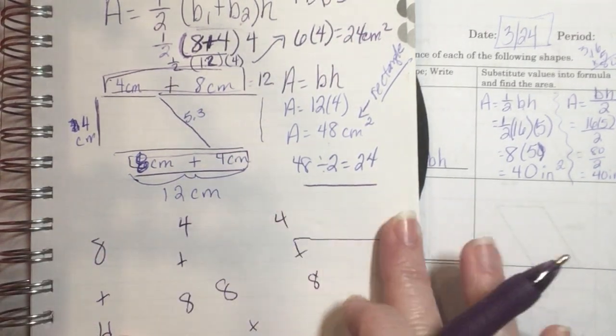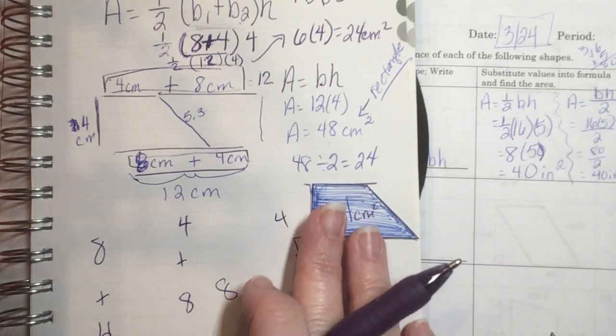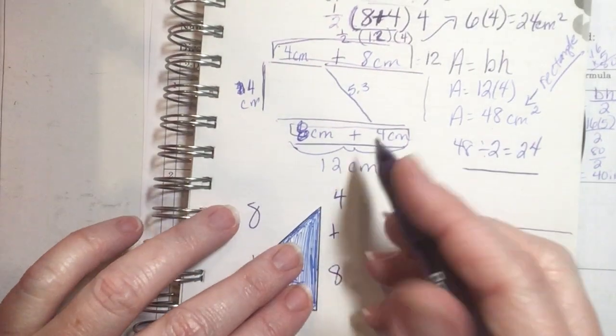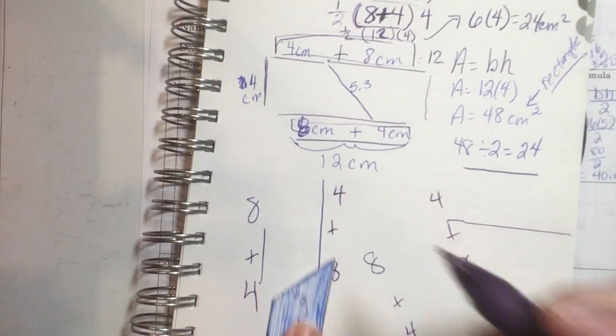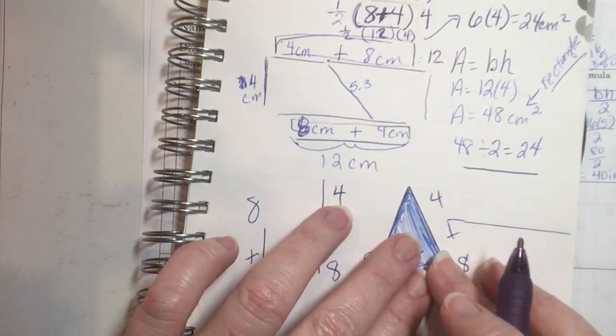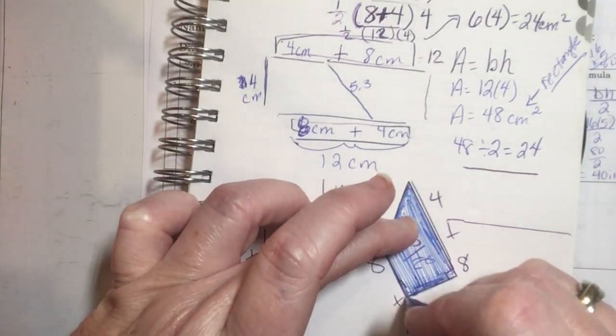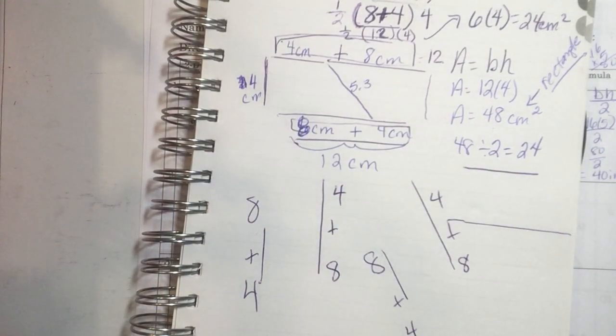So if I had the trapezoid this way, or this way, those lines would be parallel. Okay? So the bases of the trapezoid have to be the parallel sides. Doesn't mean top and bottom. It has to be the parallel sides. Okay? So that's how you find the area of a trapezoid. And we're going to practice with number 2 on the paper.